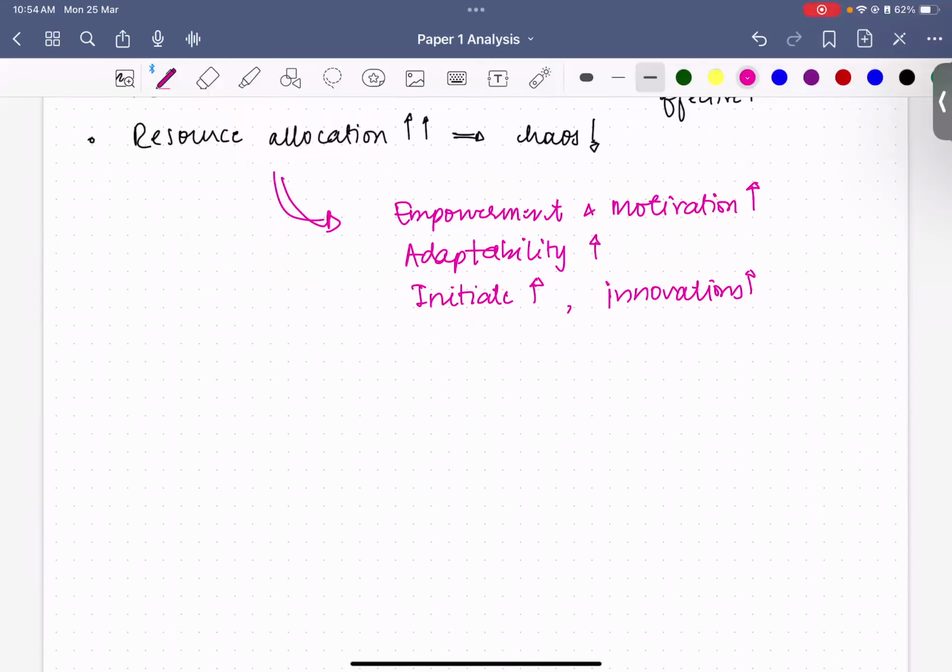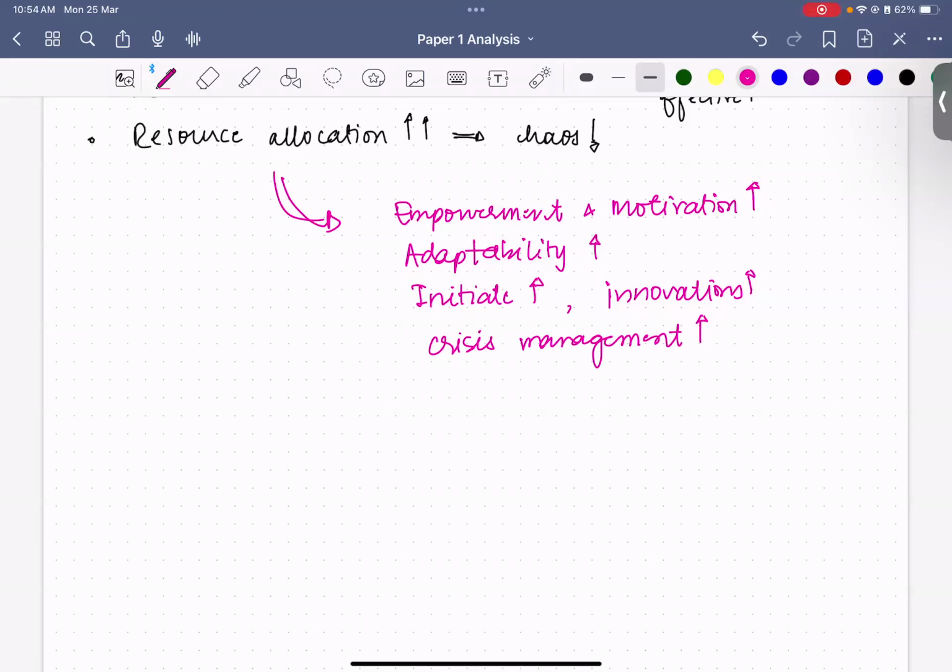In times of crisis, the crisis management will also increase. Since everyone is involved, since there are clear definitions, since there are clear demarcations with respect to authority and responsibility, all this will increase.